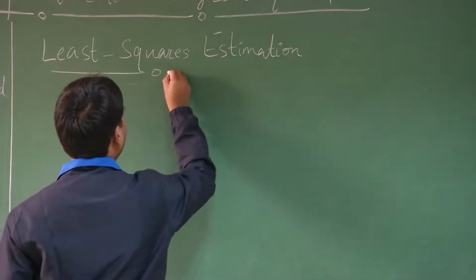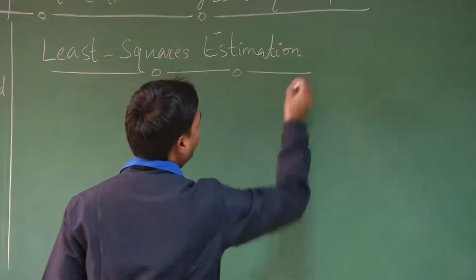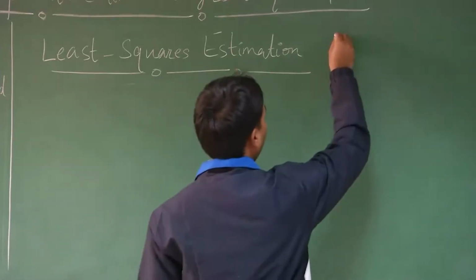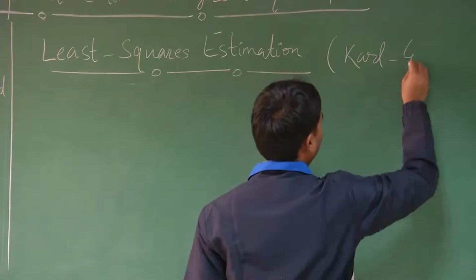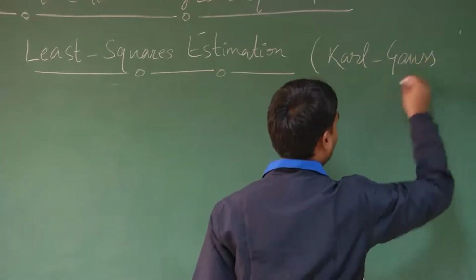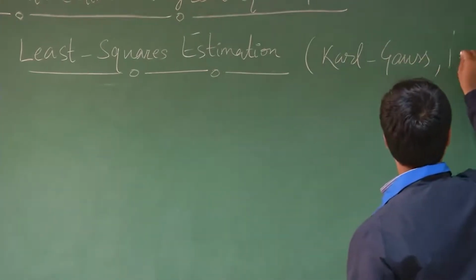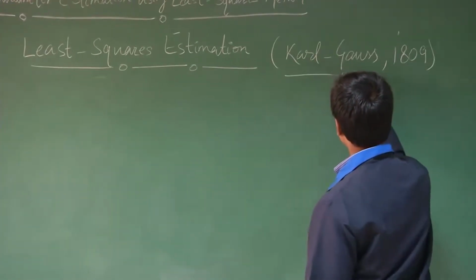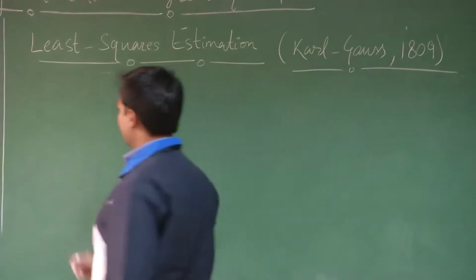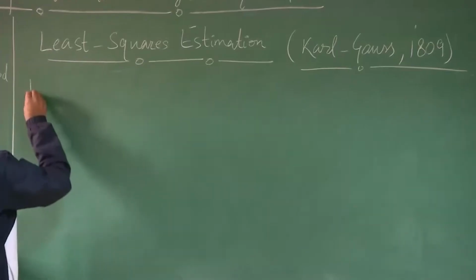The idea of least square estimation was proposed way back by a very renowned scientist, Carl Gauss, in 1809. So what is the basic principle of least square estimation?